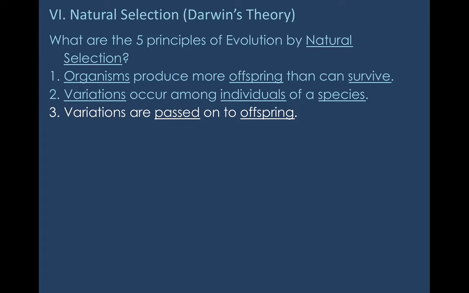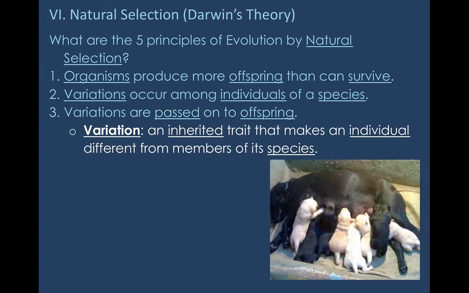The variations might be something as simple as hair color, or it could be something that actually helps the organism survive better in its environment. By definition, a variation is an inherited trait that makes an individual different from members of its species. Still the same species, still lots in common, but some differences that may or may not affect its survival.